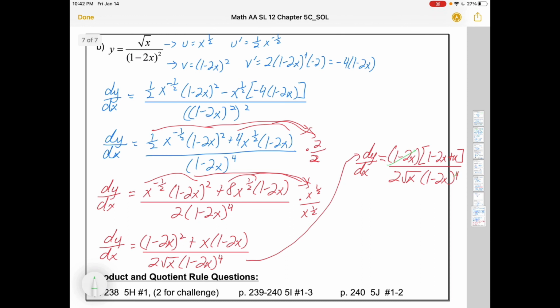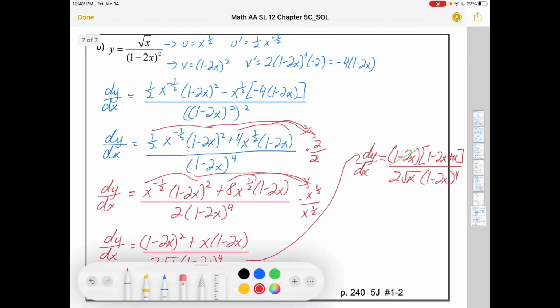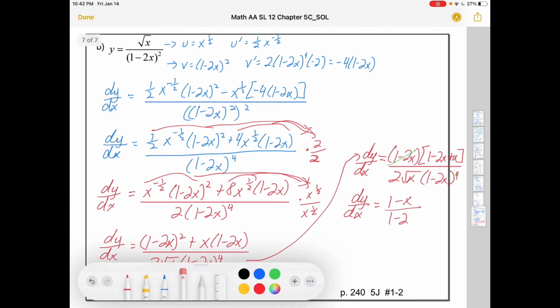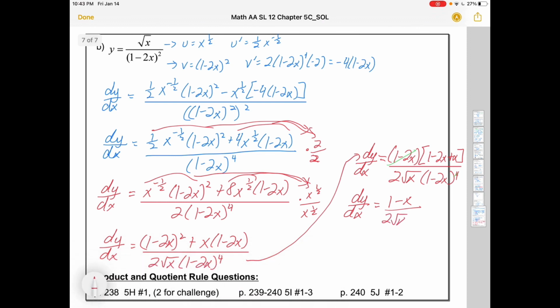These would go away. So in probably close to simplest form, it would be (1 - x) all over 2 root x, (1 - 2x) to the 3. Because this would have gone to a power of 3.